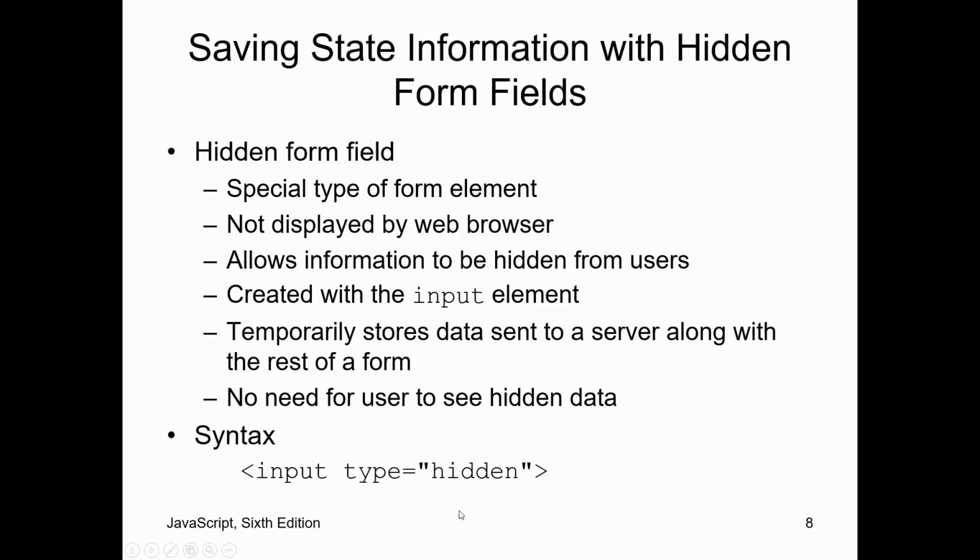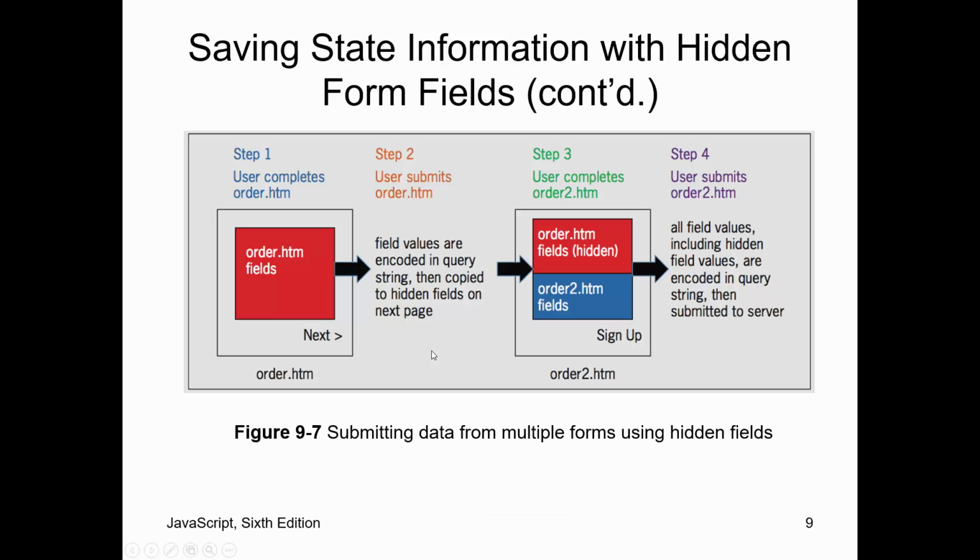So if you say type equal hidden, it doesn't show on the form. If you do a right mouse click and you choose show page source, you can typically still see the hidden field. So when you save information into hidden fields, as mentioned here, it's a three-step process.